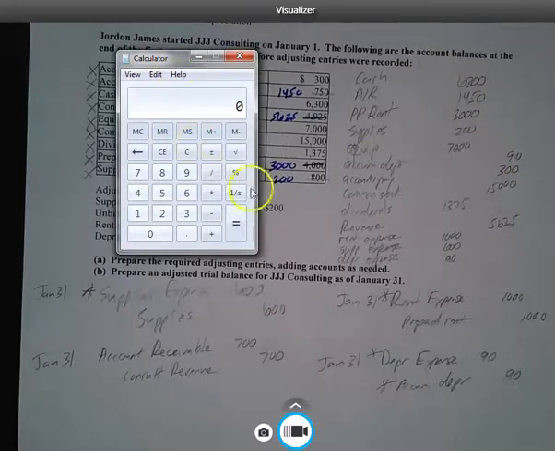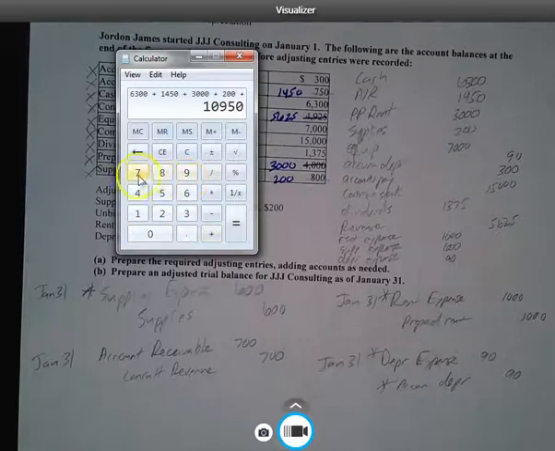I'm going to add up all of my debits. Okay, $6,300, I'm over here. Plus $1,450 for accounts receivable. Plus $3,000 for prepaid rent. Plus $200 for supplies.